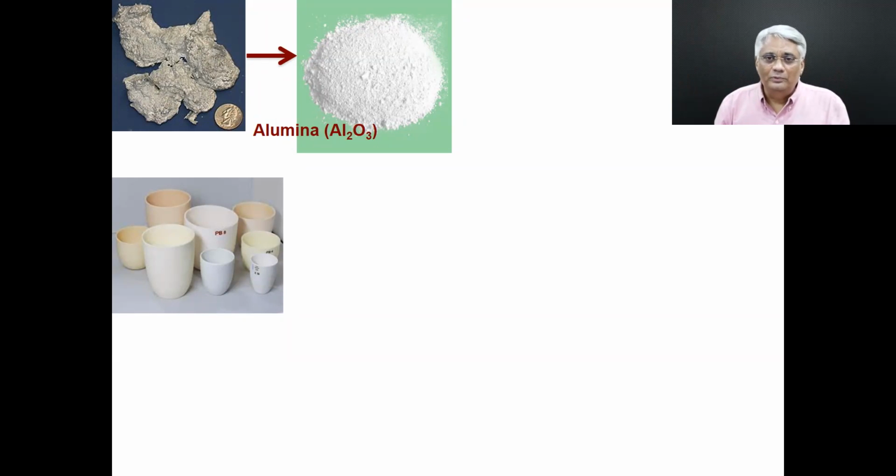Suppose you have to make a compound at 1500 degrees centigrade. If the individual constituents are mixed up, of course, you then have to heat the mixture to 1500 degrees centigrade. You need to have a container in which the heating has to happen.